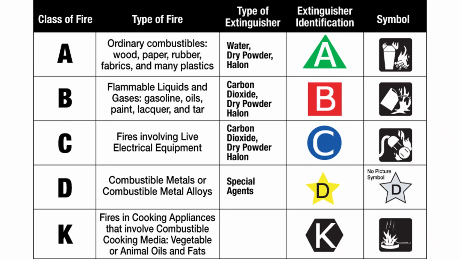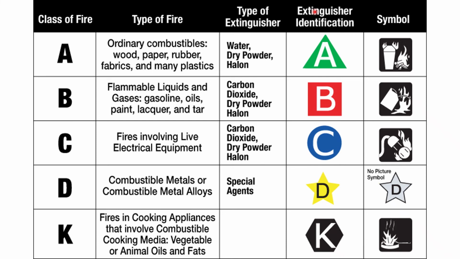Aside from the classification of fires and what type of fire each one comprises, there are also different types of extinguishers that are identified. So just as fires have been divided into classes, fire extinguishers are also divided into different classes that correspond to the type of fire to be extinguished.